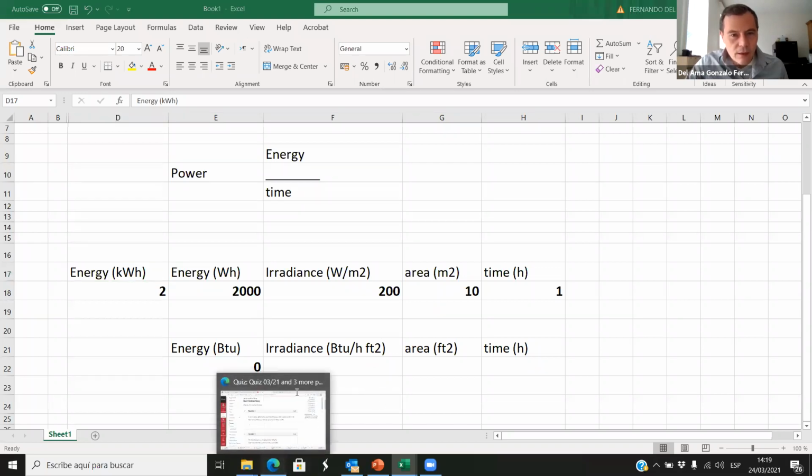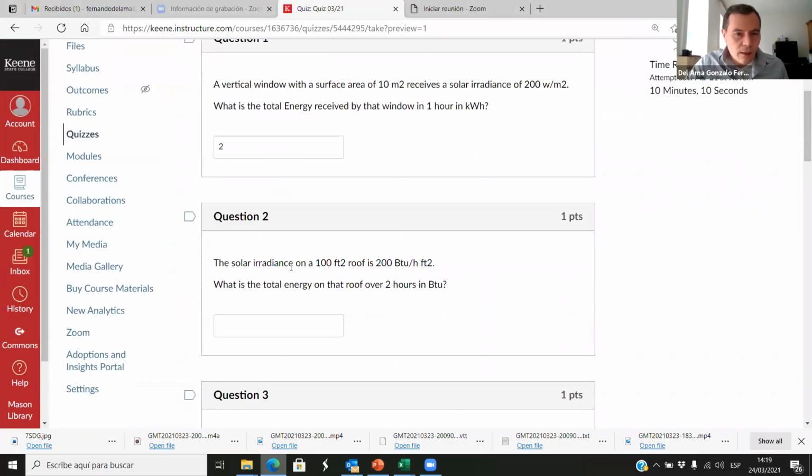Okay, so the first question. Here we have the solar irradiance. These are different units. This is the area, 100 square feet. This is the solar irradiance, and we have 2 hours.